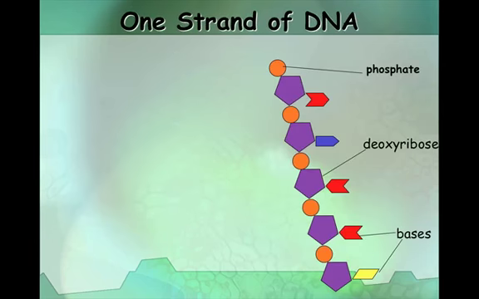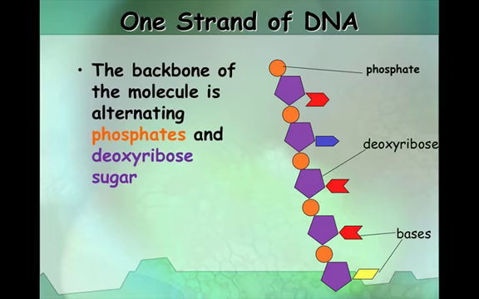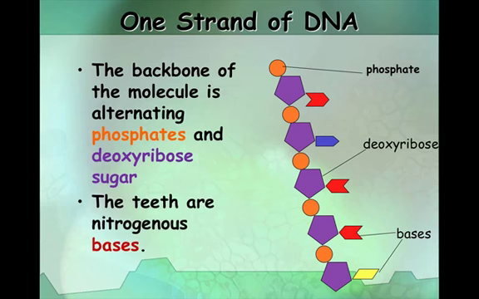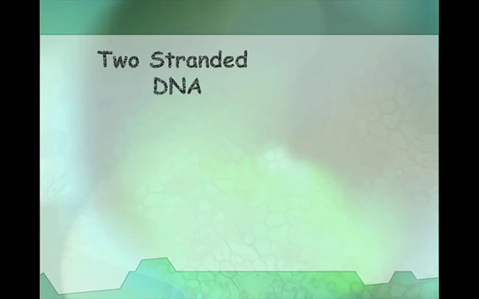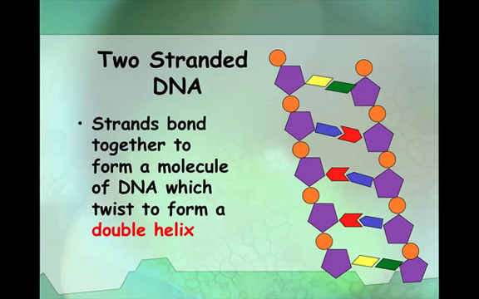So once again, one strand of DNA, the backbone of the molecule, is alternating phosphate and sugars, and then the teeth are the nitrogenous bases. In a two-stranded DNA, the strands are bonded together to form a molecule of DNA, which then twists to form the double helix.